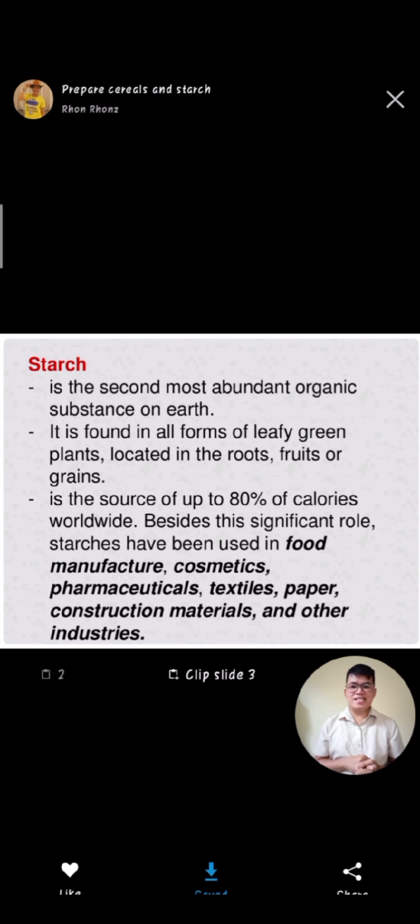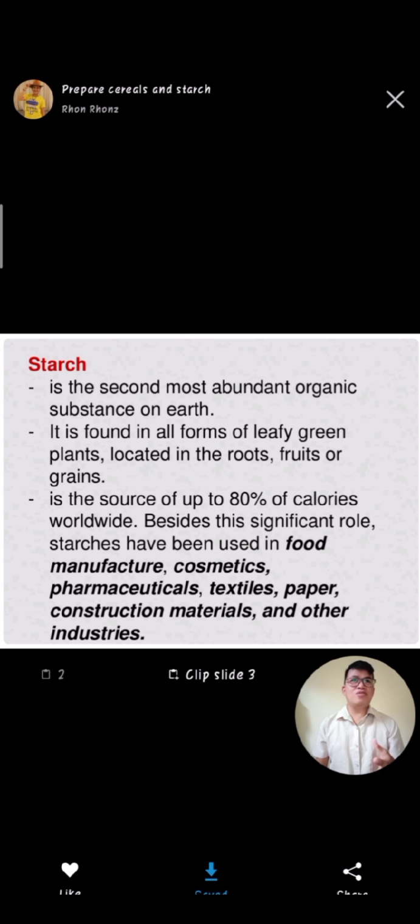Besides this significant role, starches have been used in food manufacturing, cosmetics, pharmaceuticals, textiles, paper, construction materials, and other industries. So as you can see, starch has so many roles in making different products.